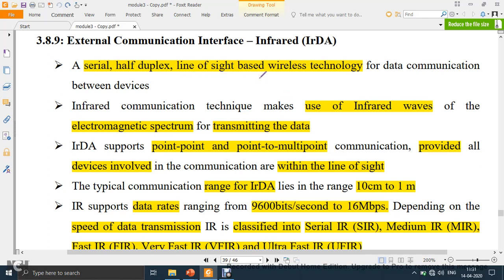The other device that you want to communicate with should be visible to the first device, and the first device should be visible to the second device. If the devices are not visible to each other physically, the communication is not possible. That is line of sight.